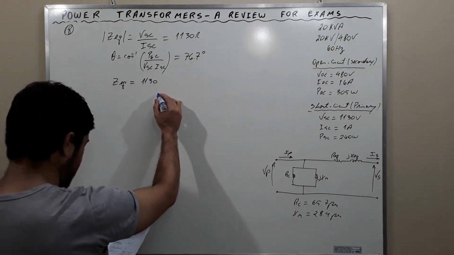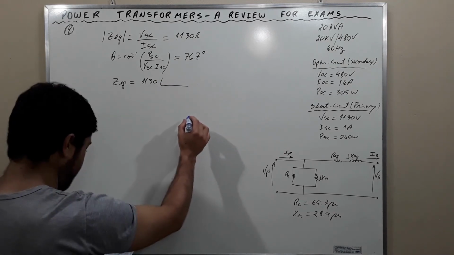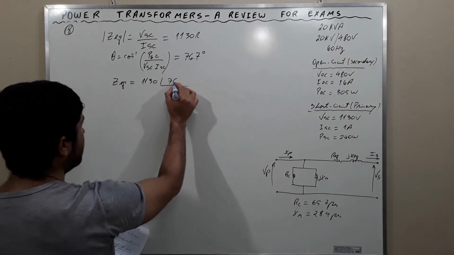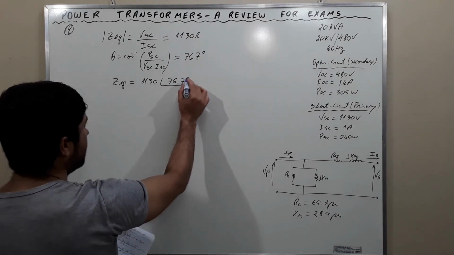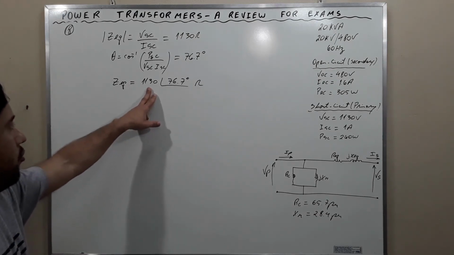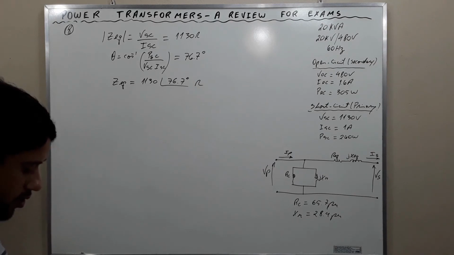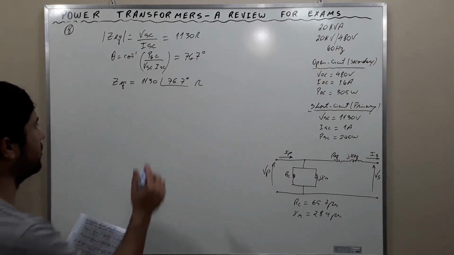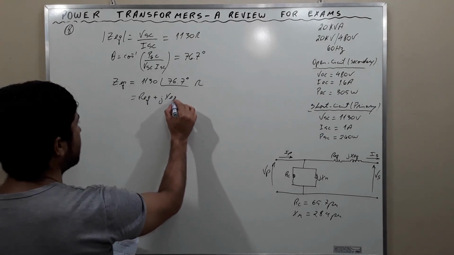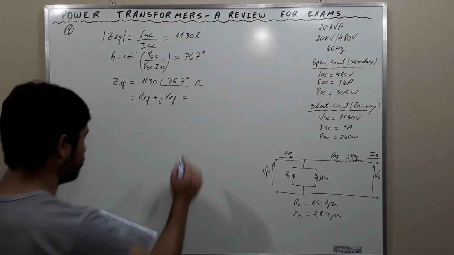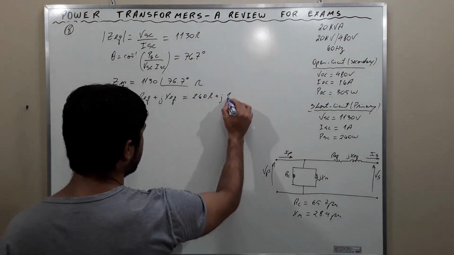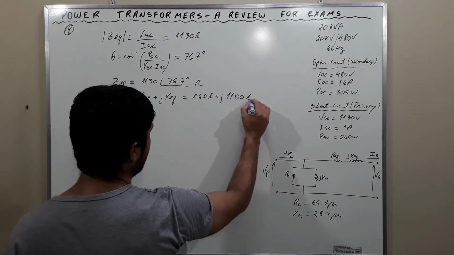And in this way, the equivalent impedance is going to be 1130 phase 76.7 degrees ohms. Okay, if we convert this polar form to the Cartesian form, we're going to find that Rec plus j Xec are equal to 260 ohms plus j 1100 ohms.